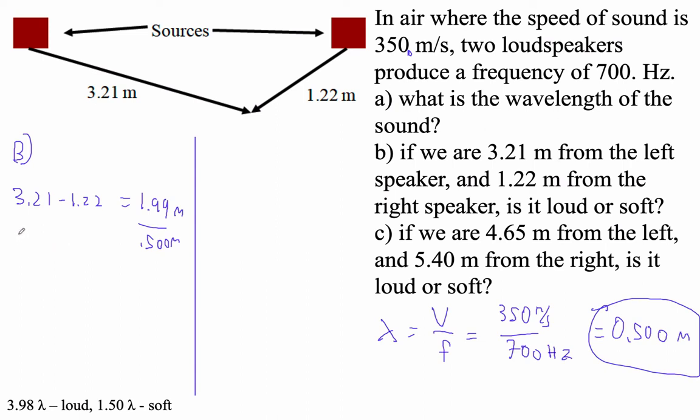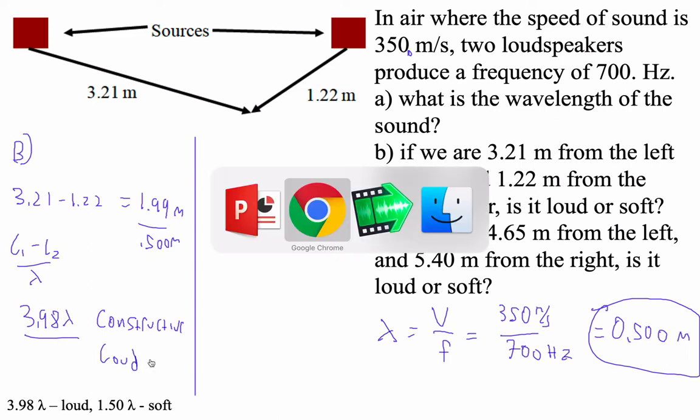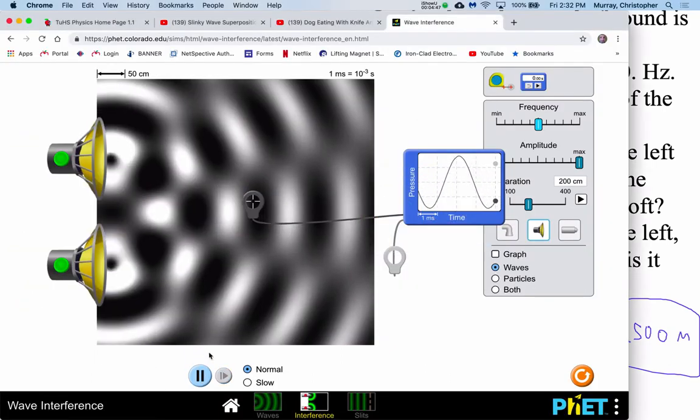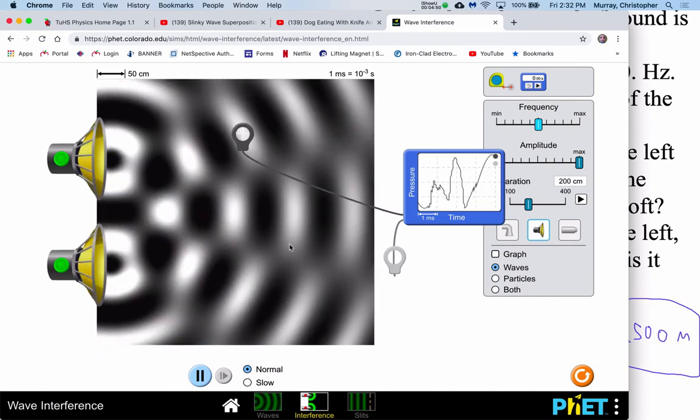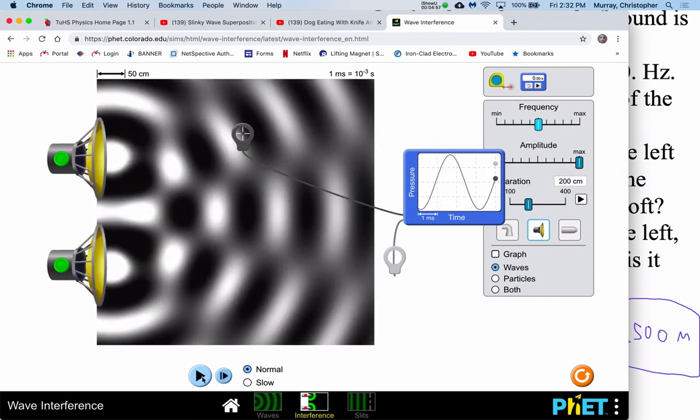So L1 minus L2 divided by the wavelength, divided by 0.5, and I get 3.98. What that means is it's almost 4.0. So this is going to be constructive interference. It's going to be loud. We happen to find a place that's like this, or like here. We're 1.22 from this one, and I forget, 2.21 or something from this one. That's what's going on.